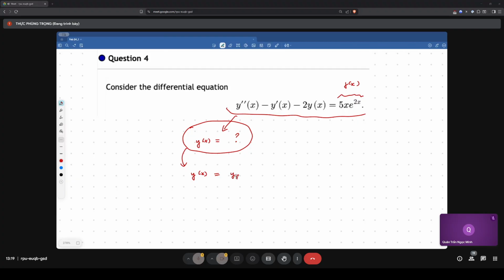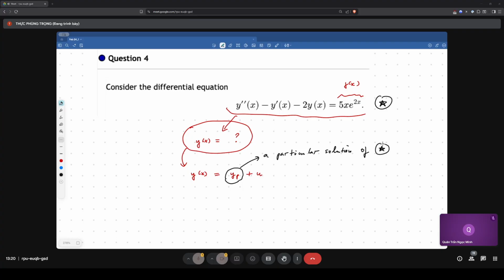You have yp plus u. Yp is a particular solution of this equation of star.